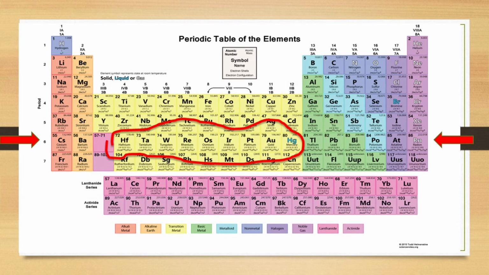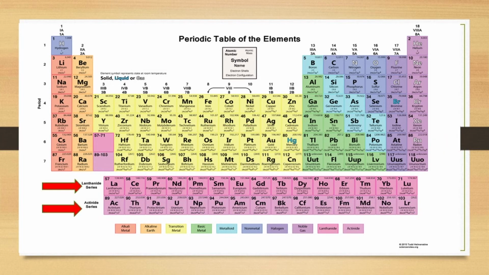What is an inner transition element? It is one of a group of chemical elements on the periodic table. They are normally shown in 2 rows below all the other elements. Look at this periodic table. See that inner transition elements are shown below all the other elements.